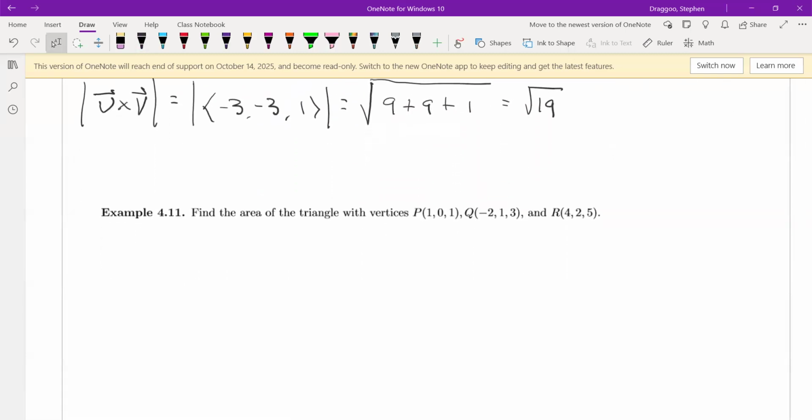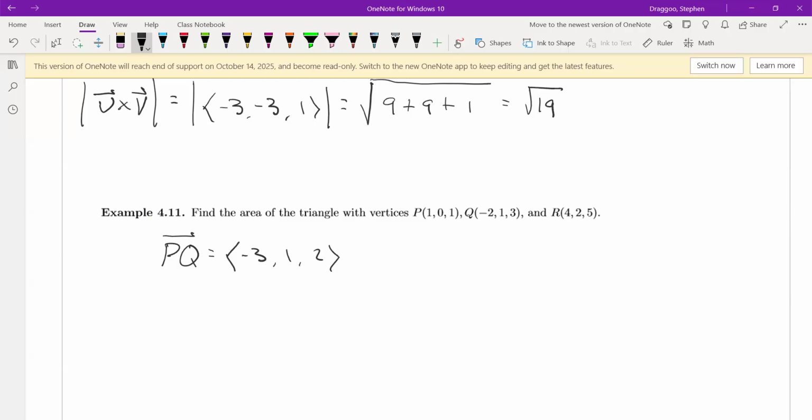All right, area of a triangle with the vertices P, Q, and R. So I am going to create a couple of vectors. The vectors I want to create, I think, are going to be PQ and then PR. So PQ, I'll just take Q and subtract P to get -3, 1, 2.